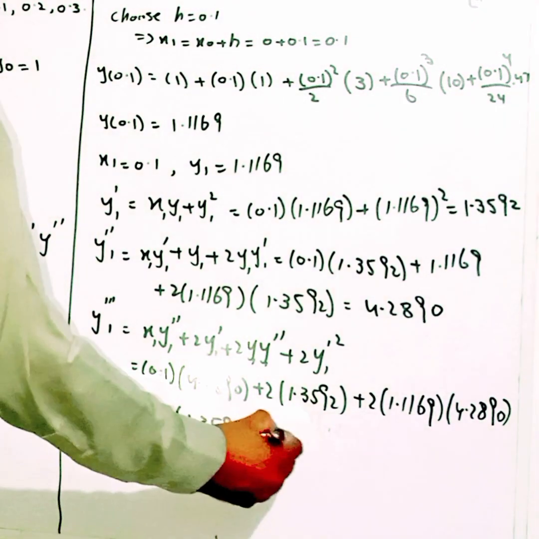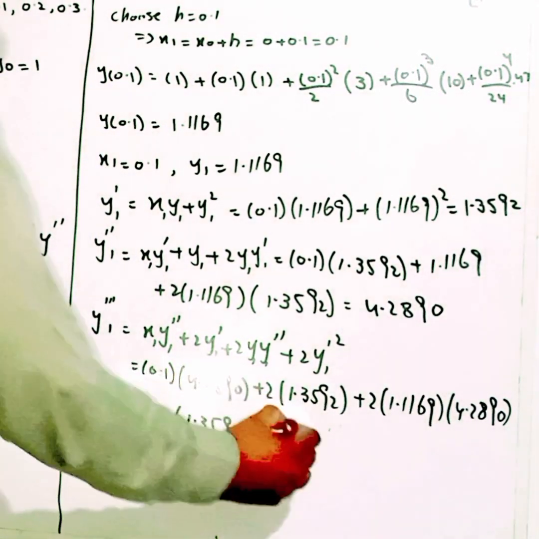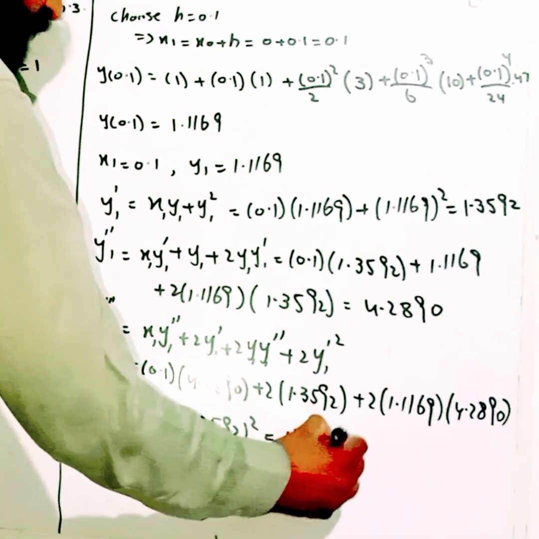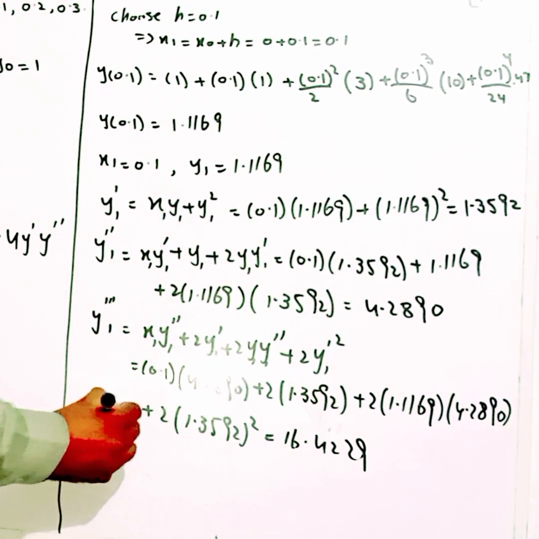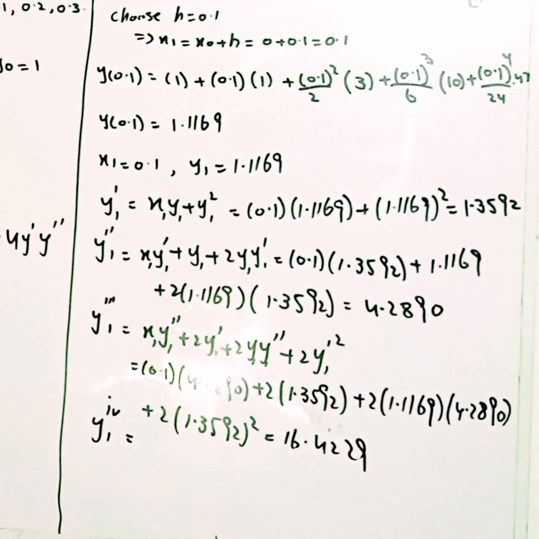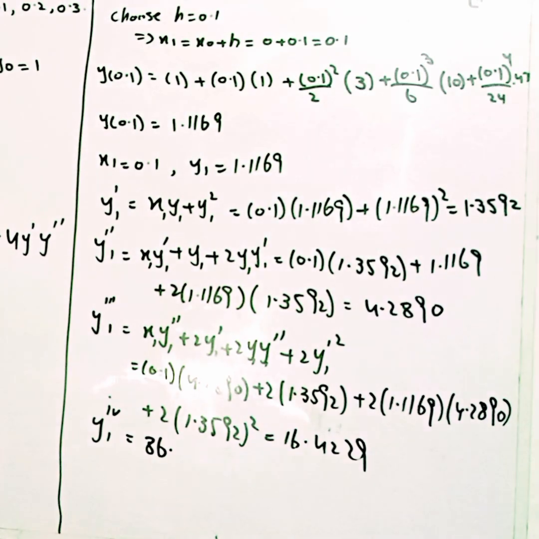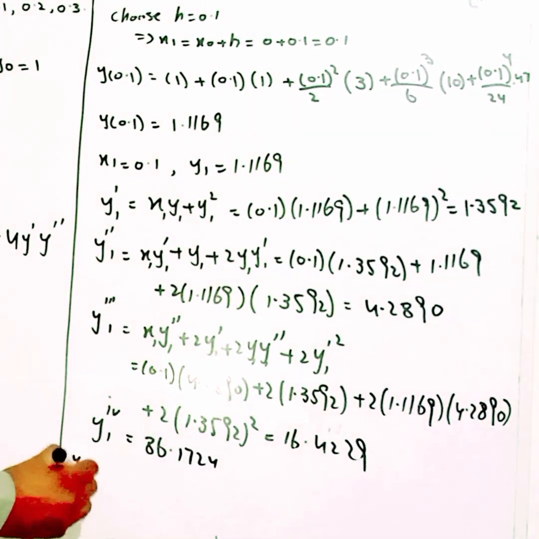After simplifying this expression we have y triple prime at x is equal to x1 is 16.4229. Similarly y fourth derivative at x1 is equal to 86.1724.